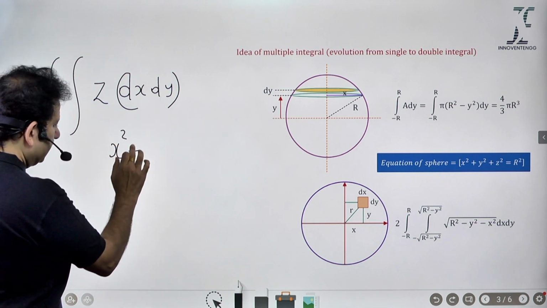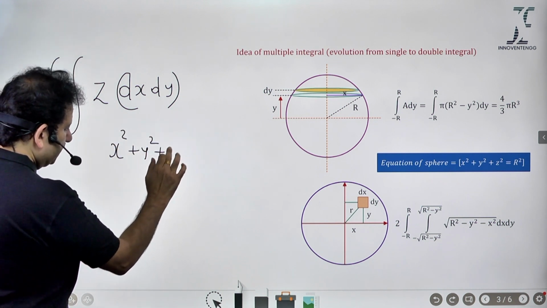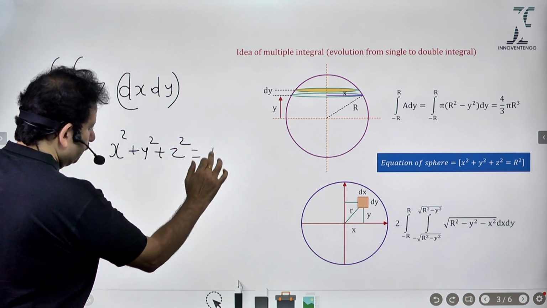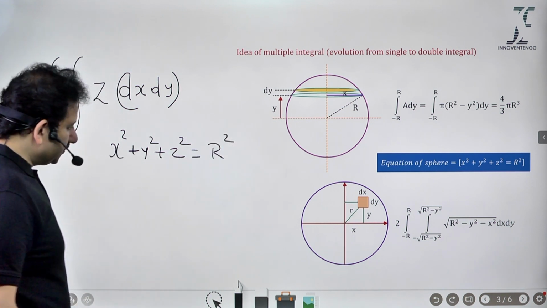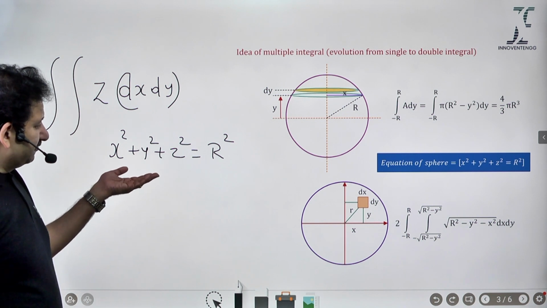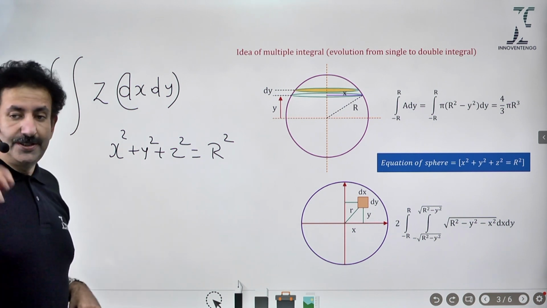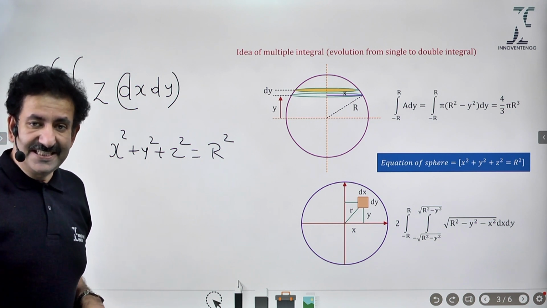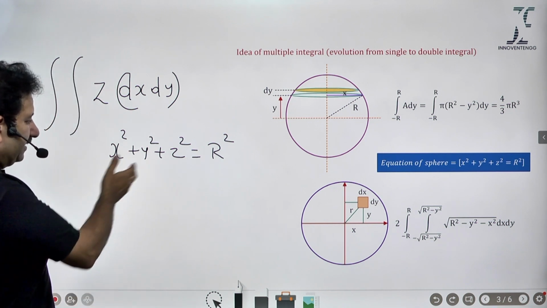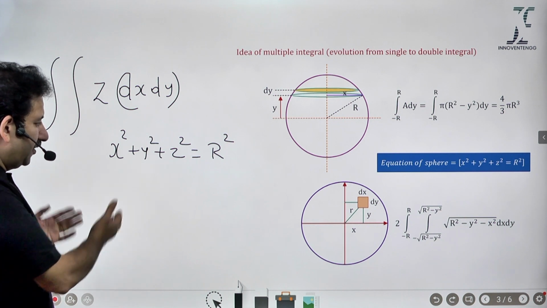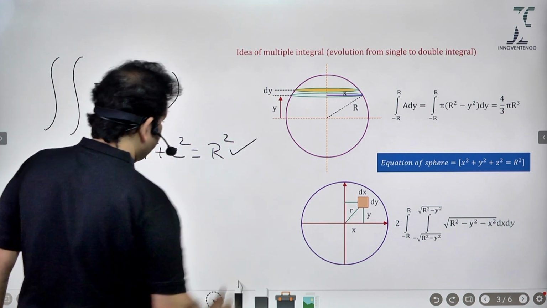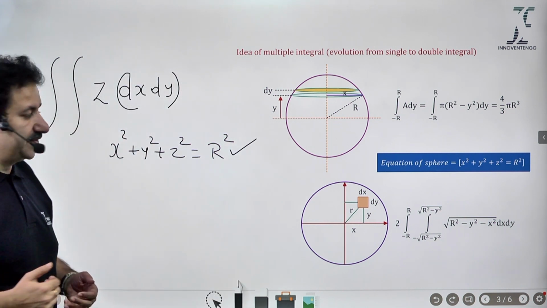It is x square plus y square plus z square is equal to r square. Because this equation is very easy to conceive and derive, because every point on the sphere is at an equal distance from the center, and if you apply the center distance formula, this result becomes very obvious.